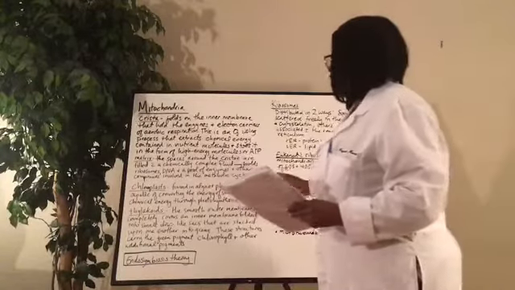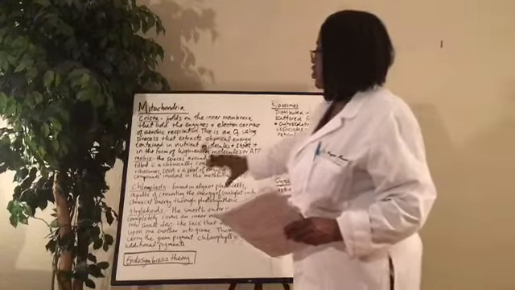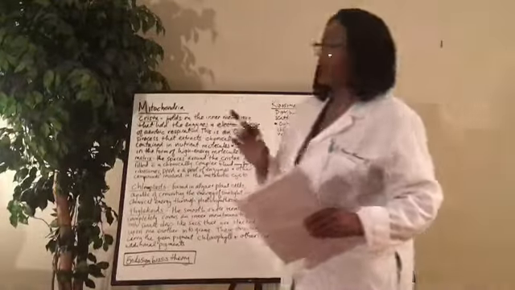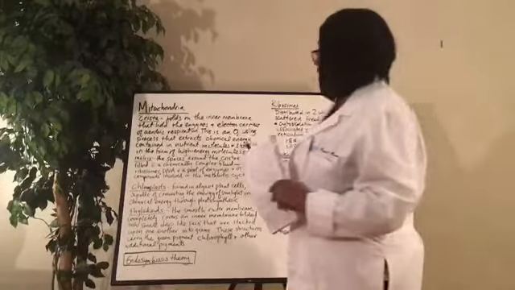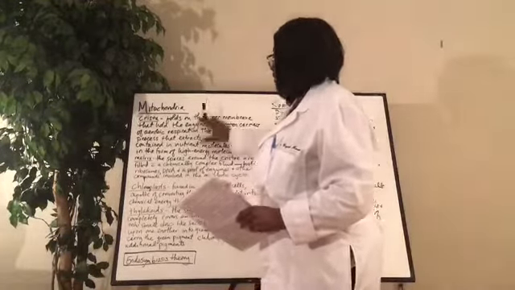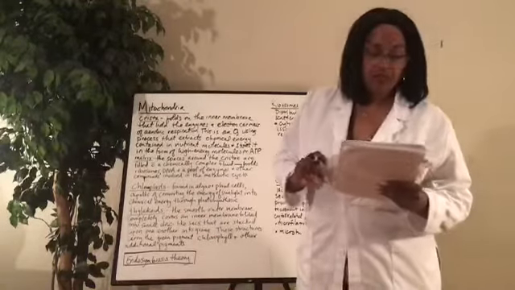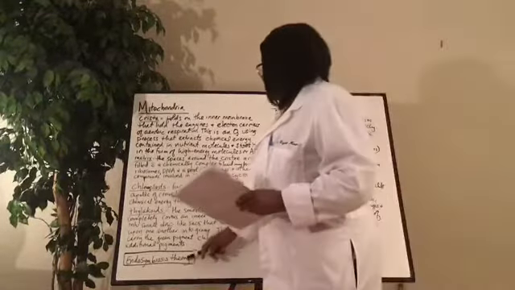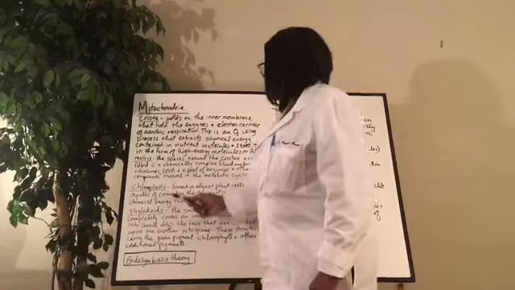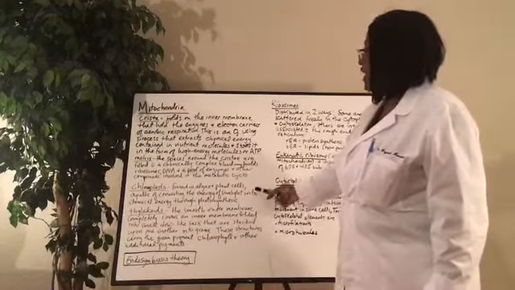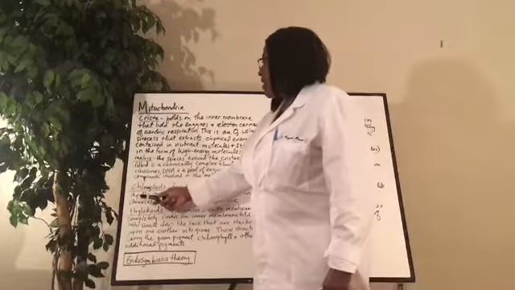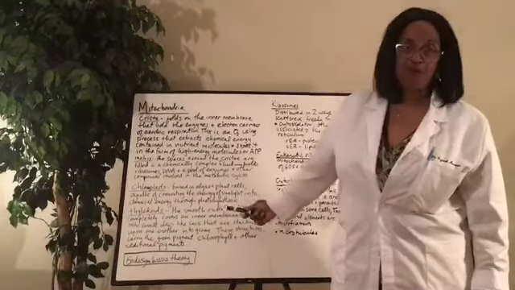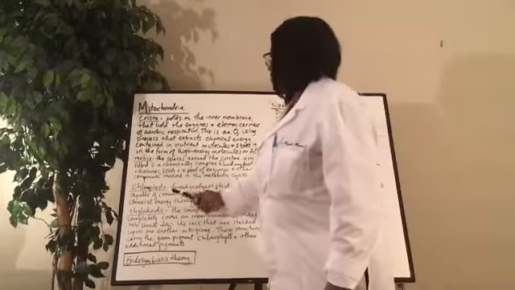So let me go on and talk about the chloroplast, and then I'm going to show you how the mitochondria and the chloroplast can be great examples of endosymbiosis. So chloroplasts are found in algae and plant cells. Notice, animals do not have chloroplasts. Please make that a point of knowing that.